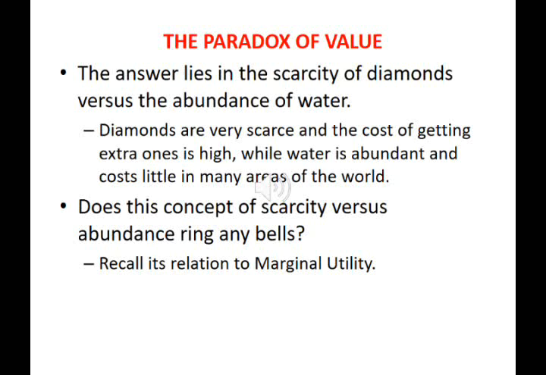So this idea of abundance versus scarcity, does it ring any bells for you? Do you remember the relationship between scarcity of resources and the marginal utility of a resource? Do you recall the law of diminishing marginal utility?